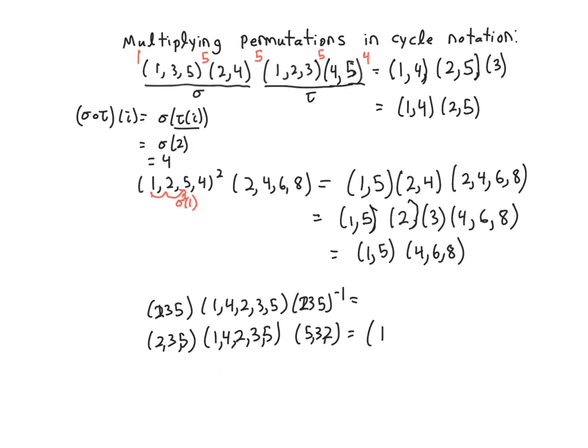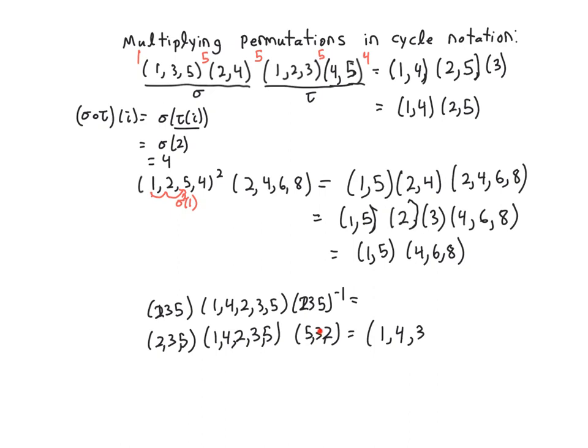1 goes to 4. 4 goes to 4, which goes to 2, which goes to 3. So 4 goes to 3. Note here I'm actually computing a product of 3 permutations.